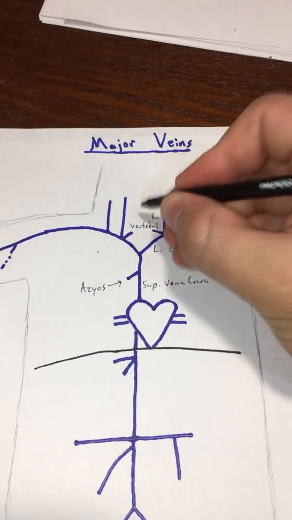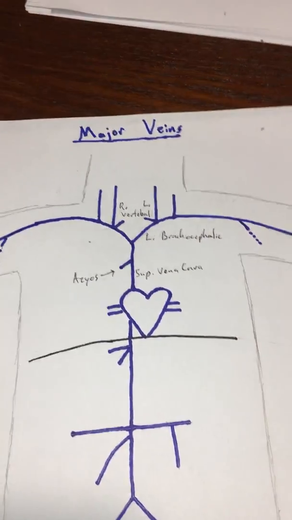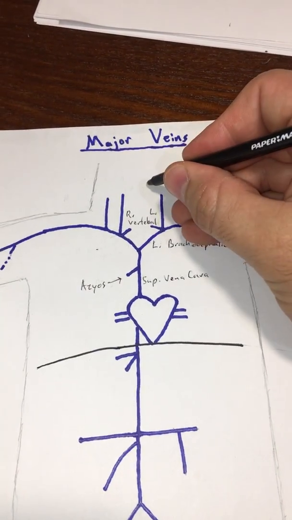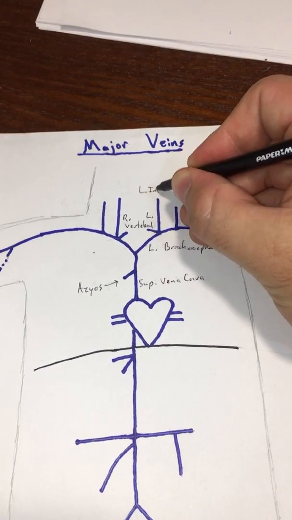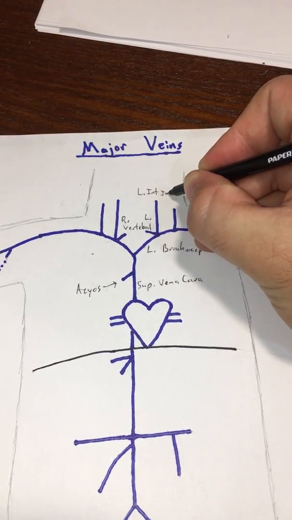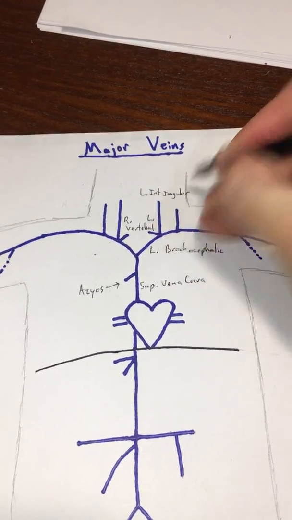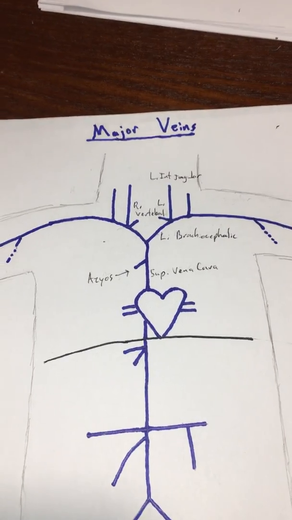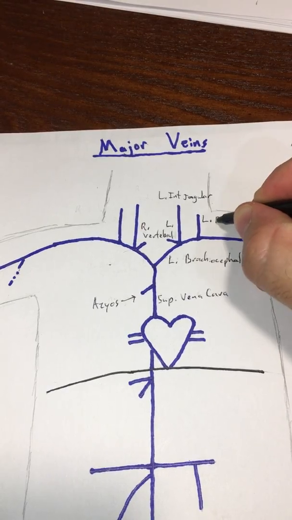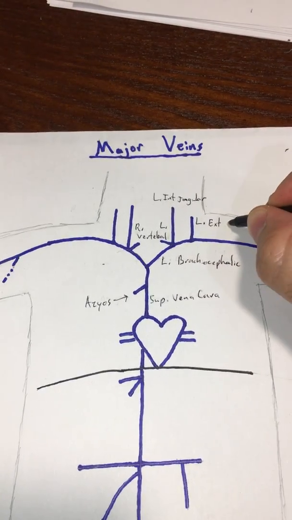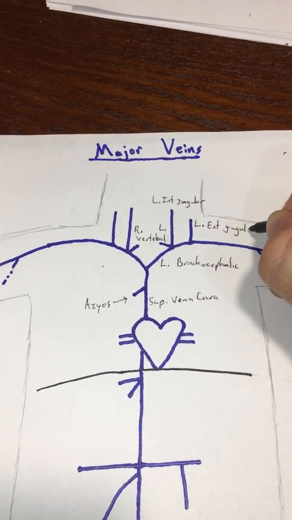Here's the left side, there's the right side. You're going to have the left internal jugular vein. You're also going to have the left external jugular vein.